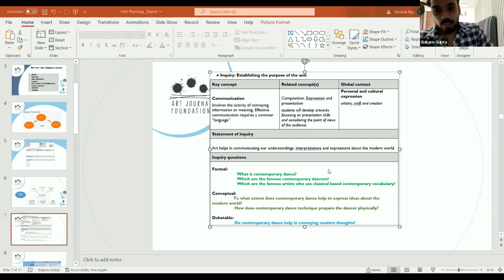Personal, cultural expression. So artistic craft, creation, cultural language, all that. Now you understand, this is a part of your objective. Now using these words, try phrasing a statement. Forget about dance. If you want, first write dance, then we'll convert it into a broader one. But these words should come in your statement.